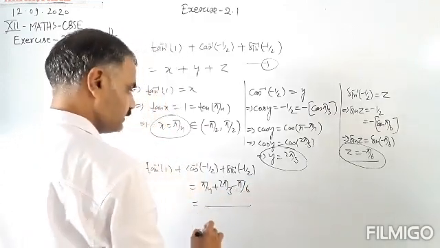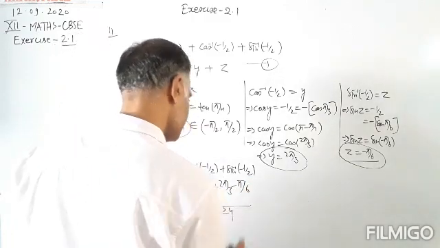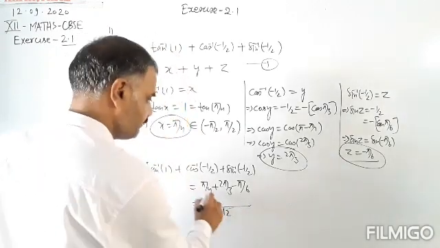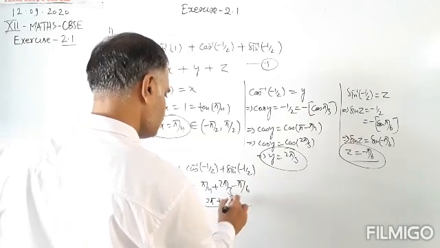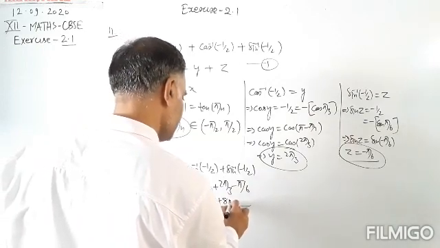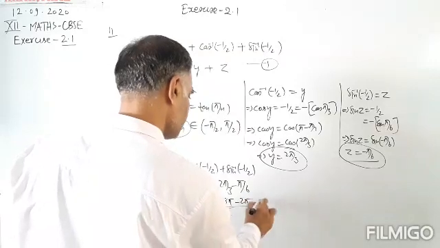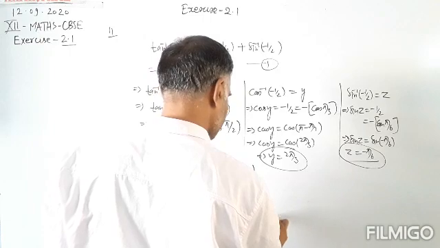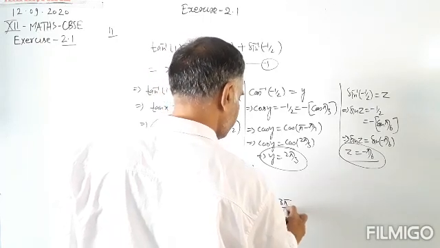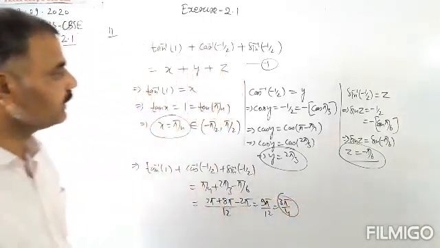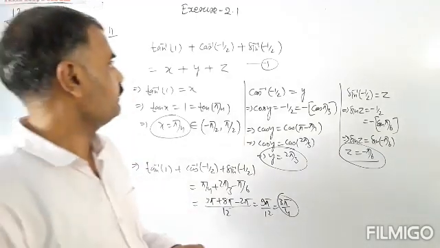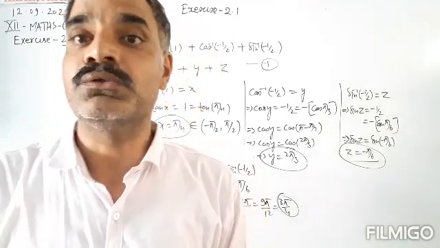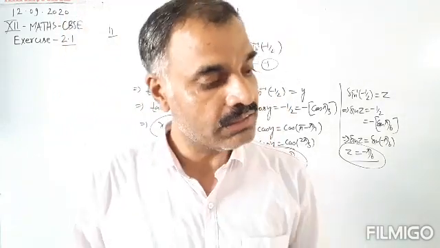Taking 12 as LCM: 4 into 3 is 3 pi, plus 3 into 4 is... 3 into 8 pi, minus 6 into 2 is 2 pi. So 3 plus 8 is 11, minus 2, that is 9 pi upon 12, that is 3 pi upon 4. 3 pi upon 4 is the answer for tan inverse 1 plus cos inverse minus 1 by 2 plus sin inverse minus 1 by 2. Such types of questions are also important.